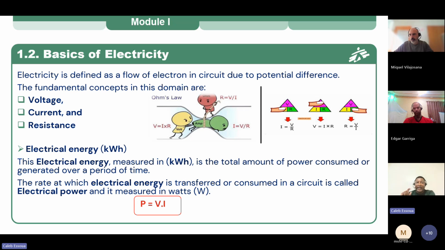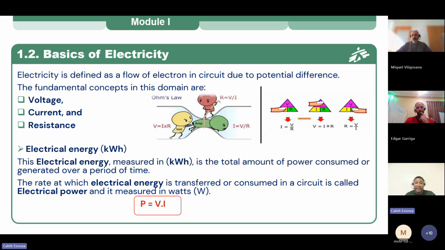Now, the rate at which this electrical energy is transferred or consumed in a circuit is called electrical power. If you see the formula, you can see the basic concepts that help you do the calculations.